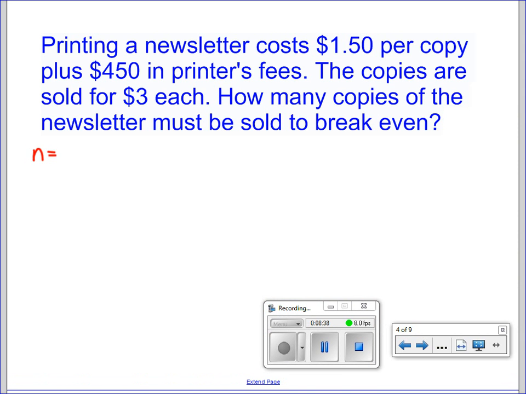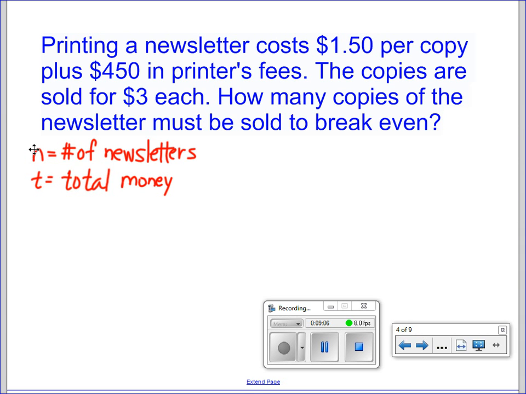Let's use N for the number of newsletters. And then again, we need to know the total cost. We can use T for total, and that would be total money or cost.